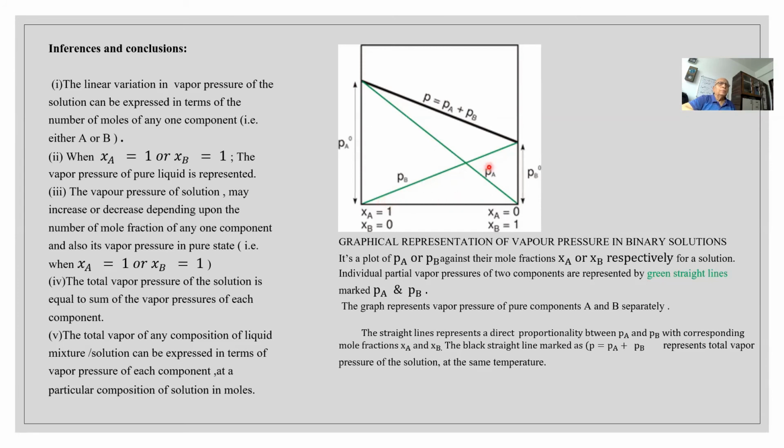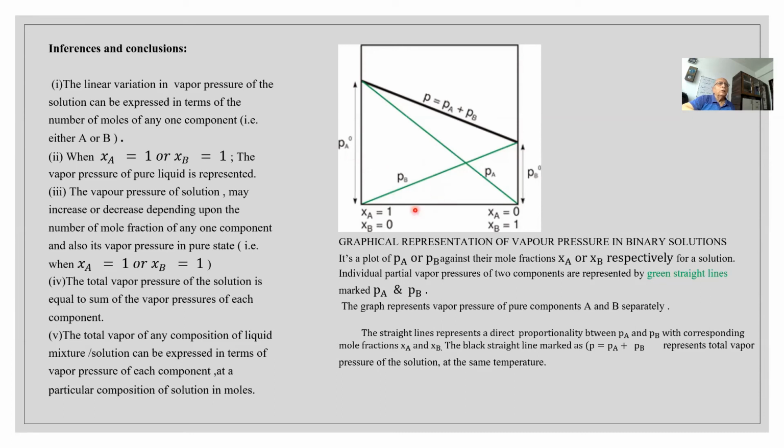So PB goes on increasing from 0 to a point when the mole fraction becomes 1. When it is 1 means no XA is there, no A component is there. And this vapor pressure represents the vapor pressure of the pure liquid B. Whereas in between, this represents partial pressure at any stage.